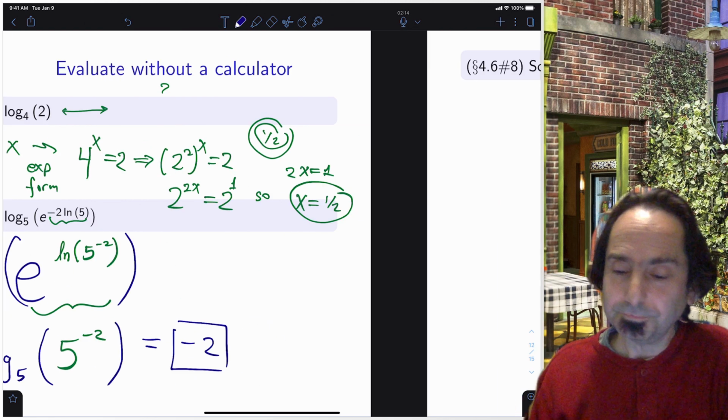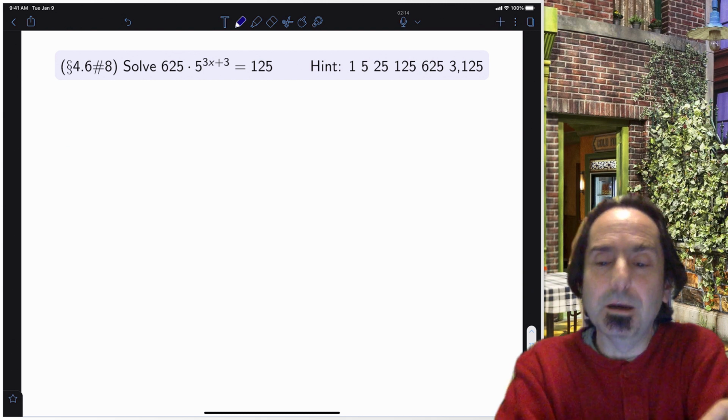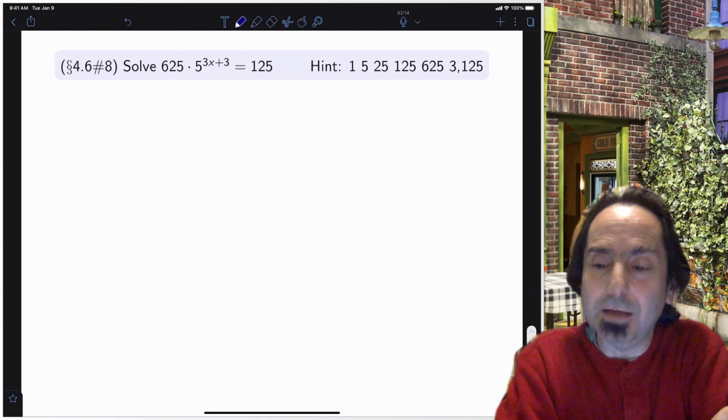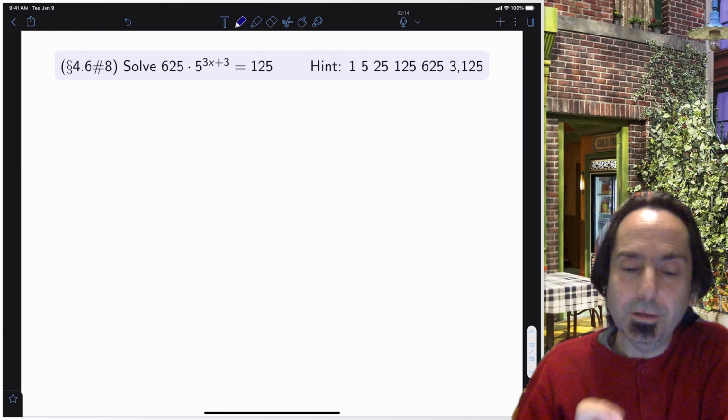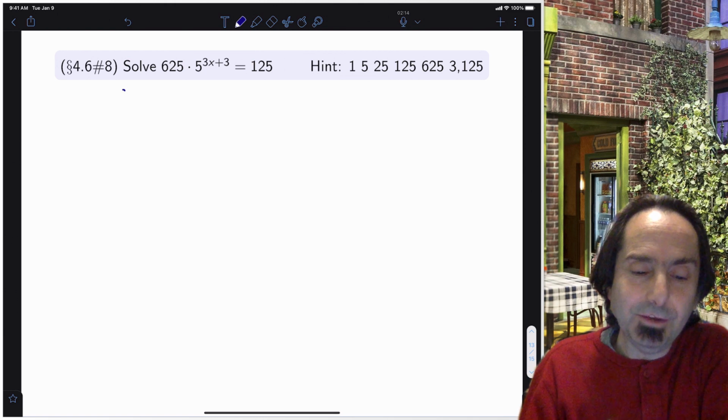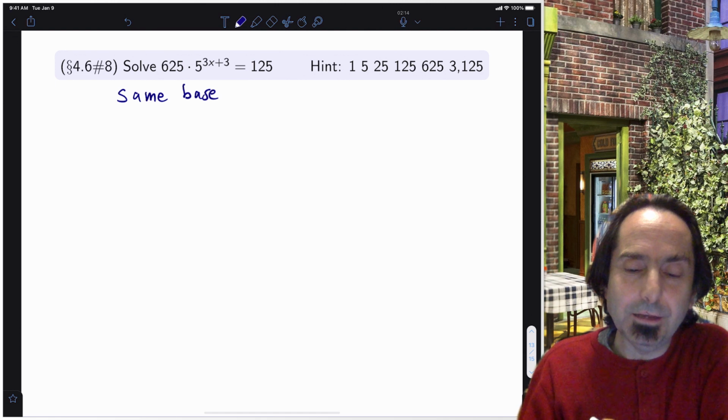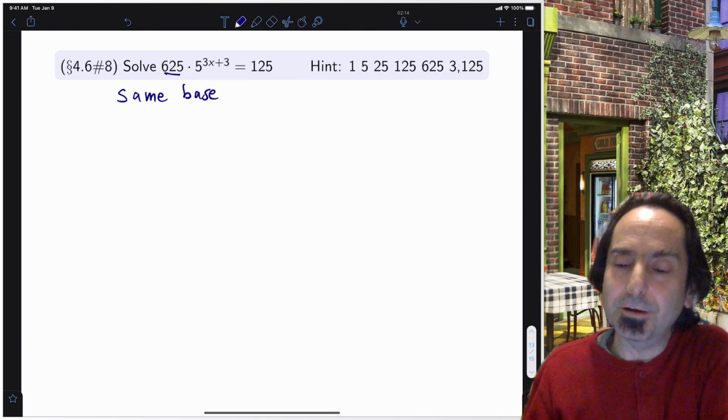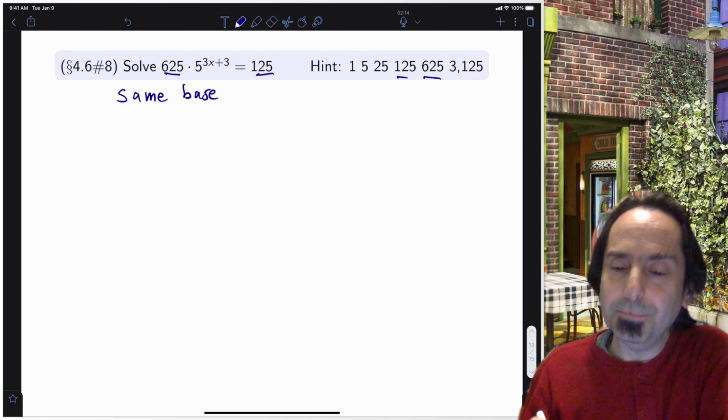Don't do that. Okay, another thing we can do without a calculator is this one, because we're going to change so that they have the same base. And notice that 625 is here in this sequence, and 125 also.